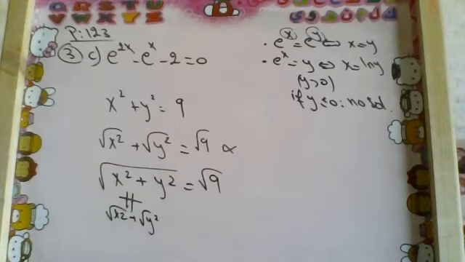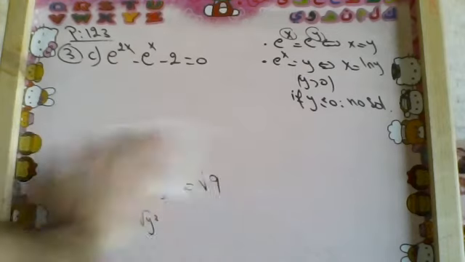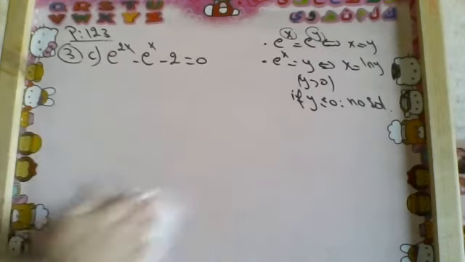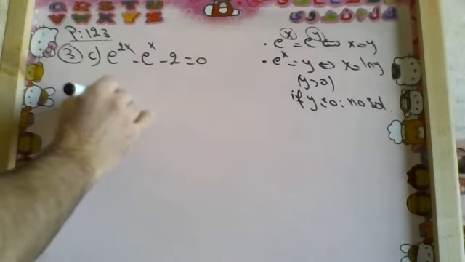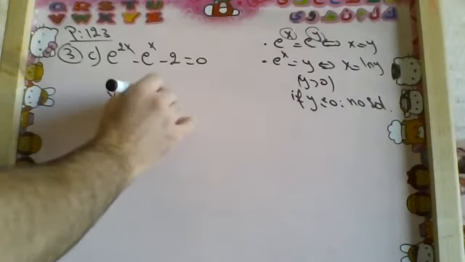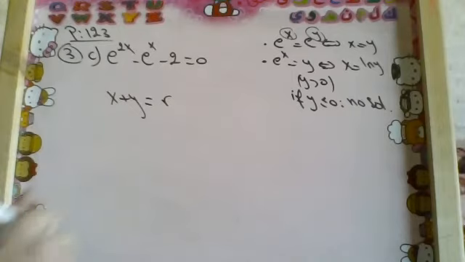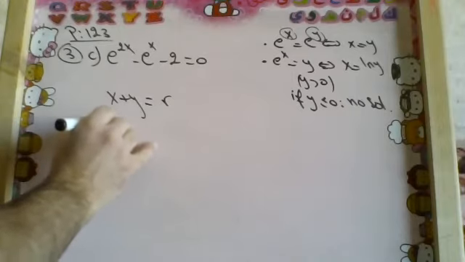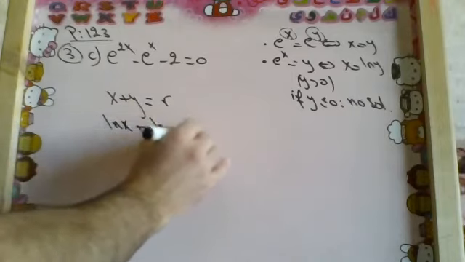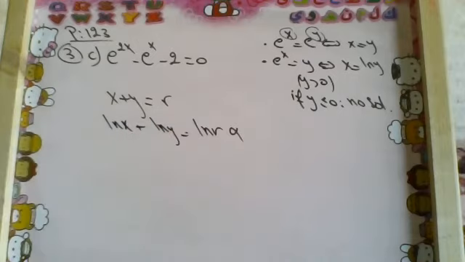The same idea applies for the function ln. In case you have x plus y is equal to a certain number r, you can't write ln x plus ln y is equal to ln r. This is wrong.